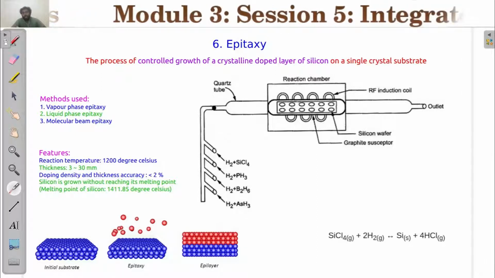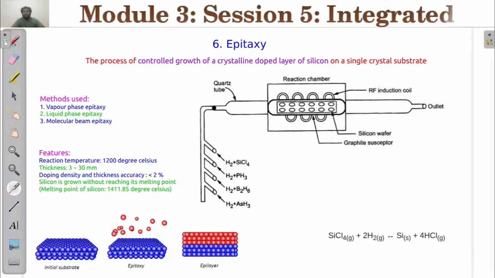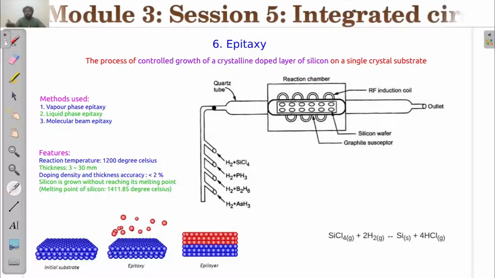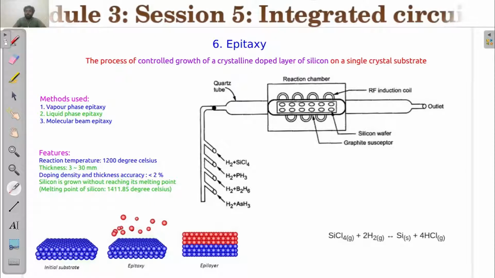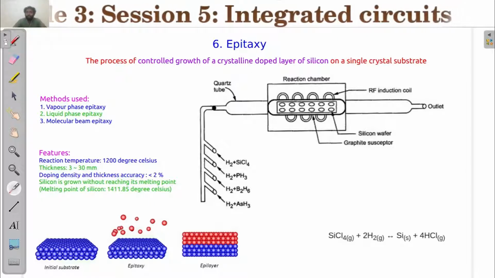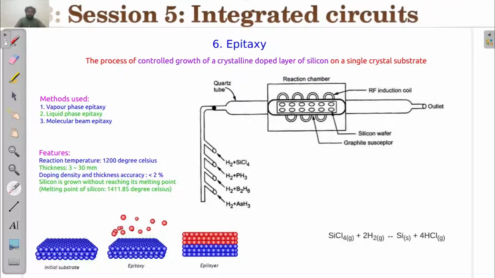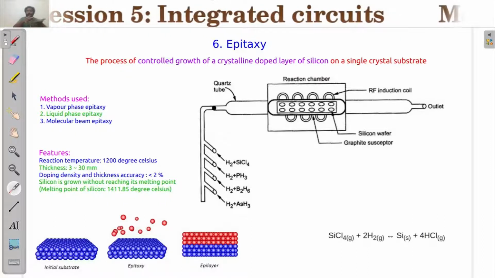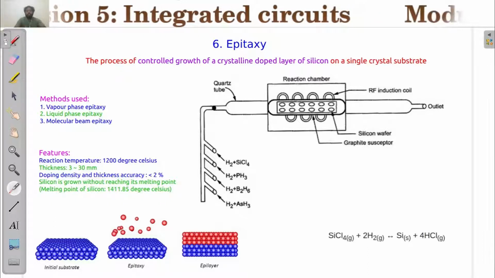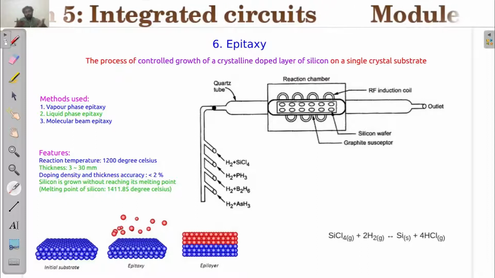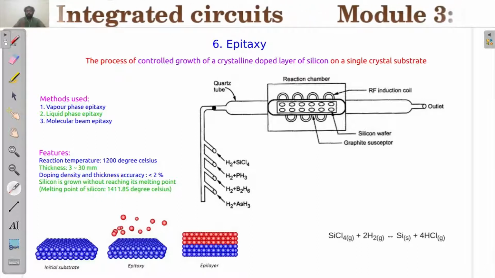If you want to have a lower concentration or another type, for example, N type over P type, then you can go for epitaxy, where you will be growing a layer of silicon on top of an already existing wafer, and you can have any kind of doping while it is grown.